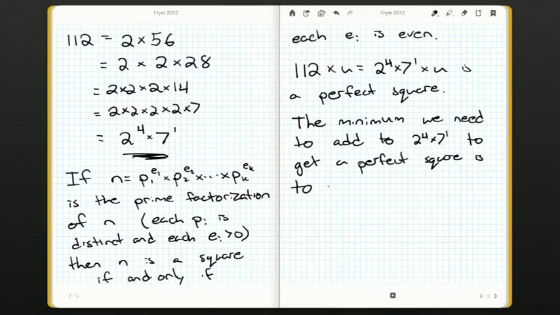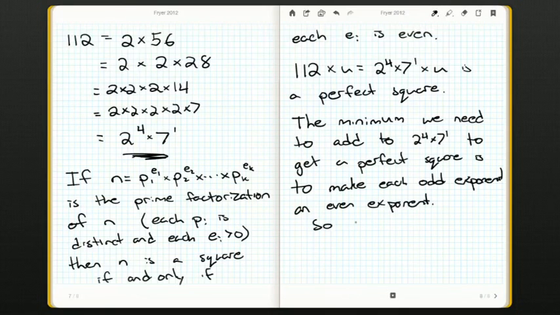So if we want to turn 112 into a perfect square, we need to, at the bare minimum, make each of its odd exponents even. So we need to take each one of the odd exponents, and we just need to multiply it by 7 and we'll get a perfect square.